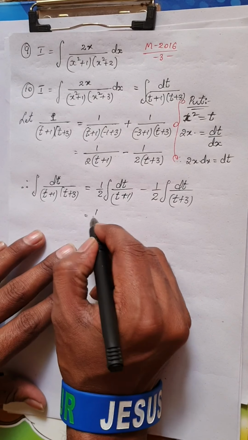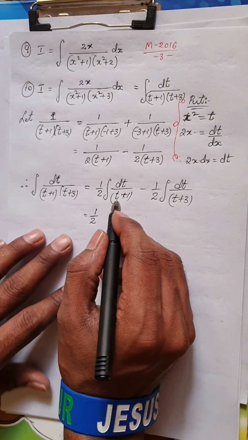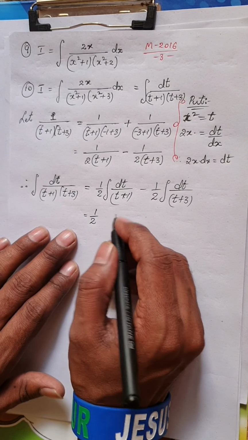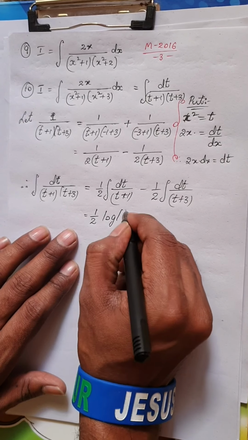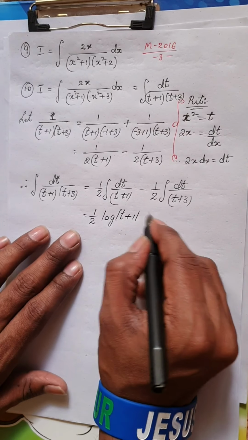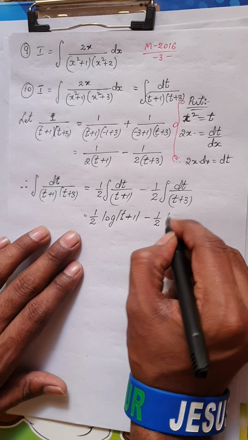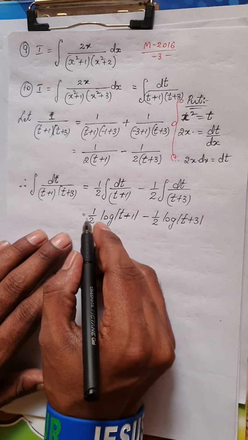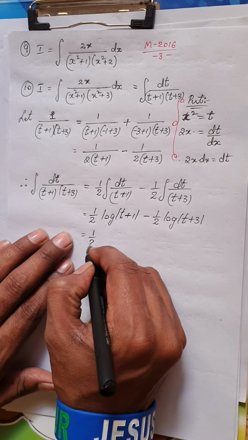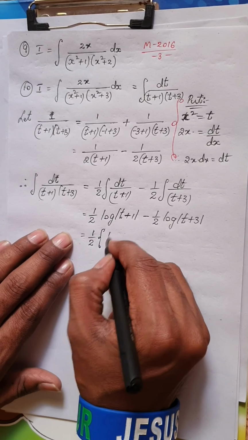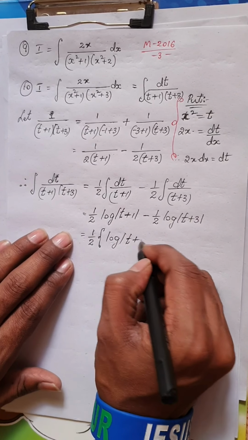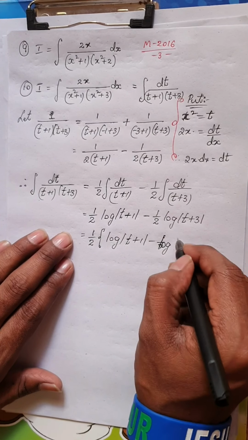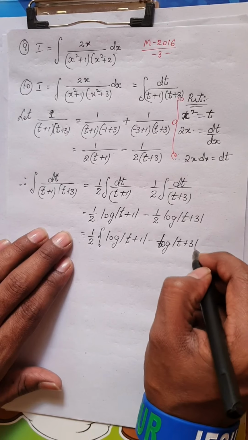Okay, so this is nothing but half into, now what is integral of dt by t? We know integral of dt by t is log of mod t. Okay, so this can be written as log of mod (t plus 1), okay, minus half into, in a similar way this becomes log of mod (t plus 3), okay. So this is nothing but, in both the terms I have 1 by 2 common, so half is already removed, it is log of mod (t plus 3).